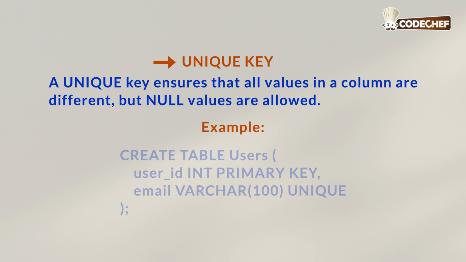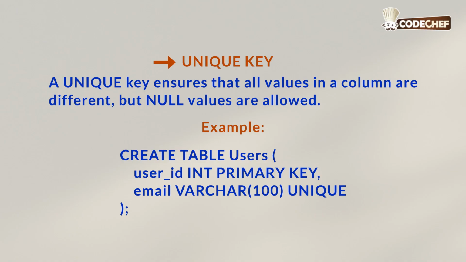Example, create table users, bracket, user ID int primary key, comma, email varchar, then in bracket 100 and unique. Because I am writing the unique keyword here, that means all the values for the column email will be unique, but it can also have null values, bracket close and semicolon.